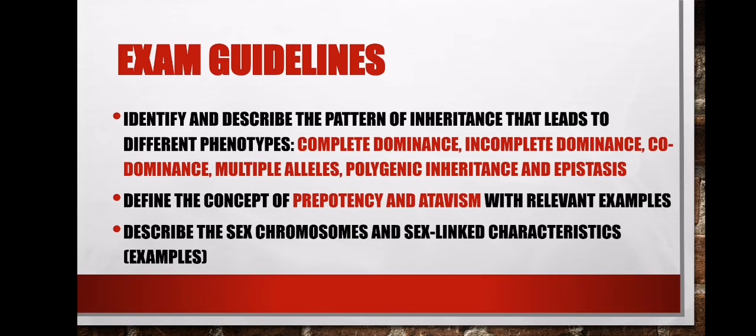This is how they will be examined. Please take note of this part. In section A, you'll be given a statement. You will be expected to write the correct pattern of inheritance, so you must know the definitions. In section B, you may be given a scenario, sort of a paragraph.